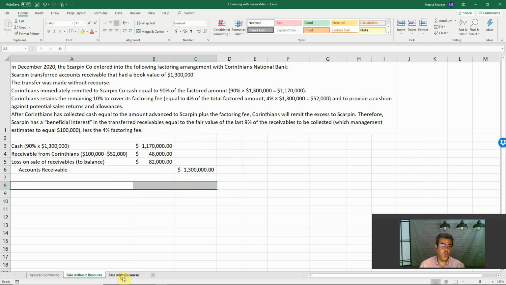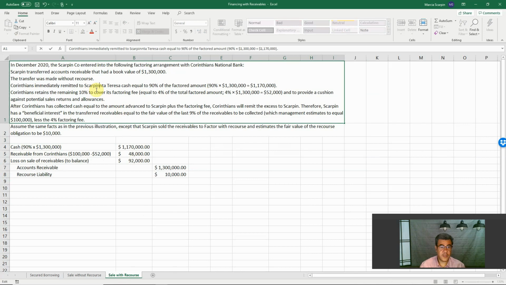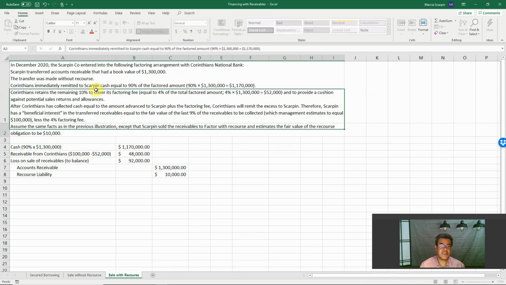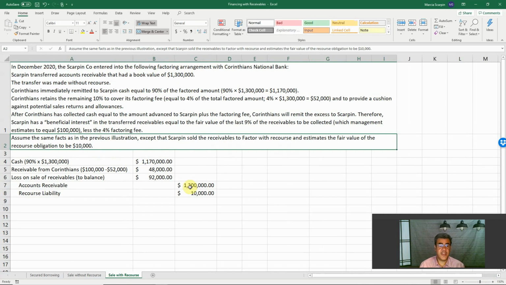What about with recourse? So let's also correct here, not Santa Teresa, it's Scarpin. We have the same numbers here. However, assume the same factor as in the previous illustration, so in the previous Excel file, except that Scarpin shows the receivable with recourse and estimates the fair value of the recourse obligation to be $10,000.